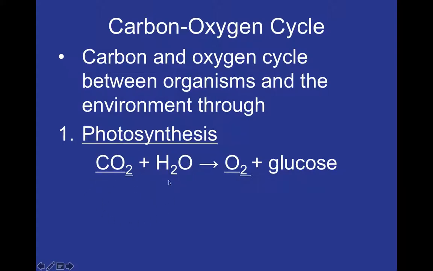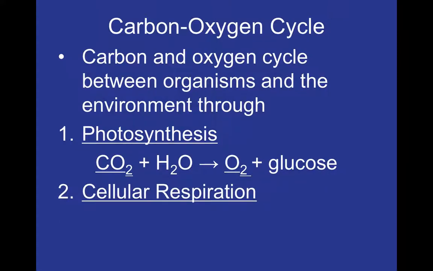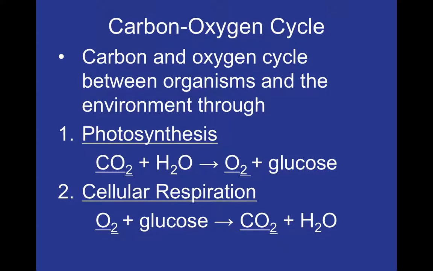Those get processed through the process of photosynthesis into oxygen, which is in the air that we breathe, and glucose, which also has carbon in it. Now, in order to close the process, we have the second process, which is cellular respiration, which is the opposite of this. So we take the oxygen and glucose from the plants or the producers that are made through photosynthesis, and we make carbon dioxide and water.